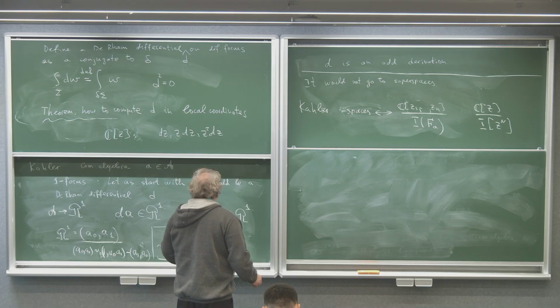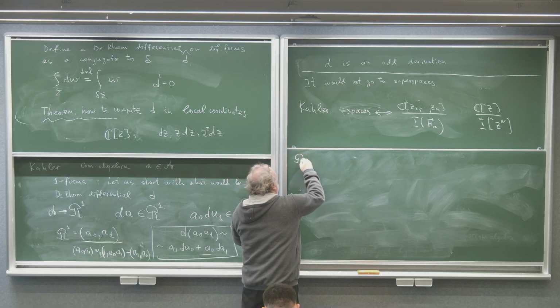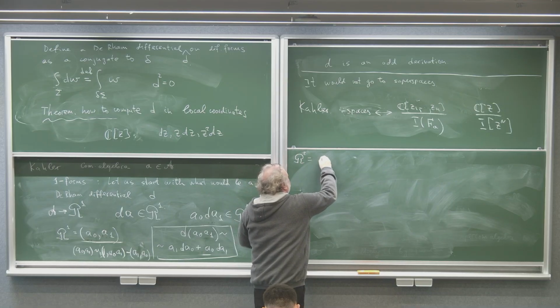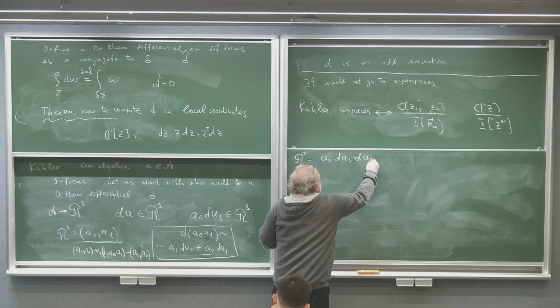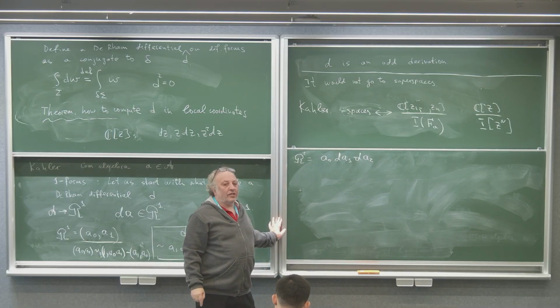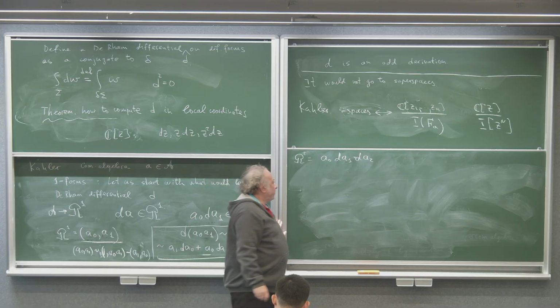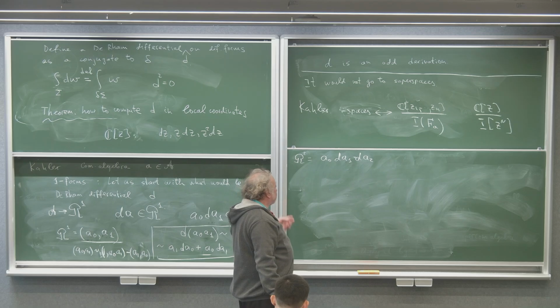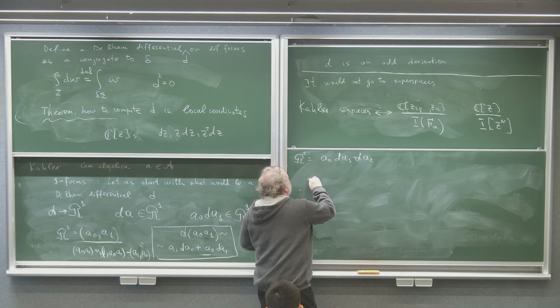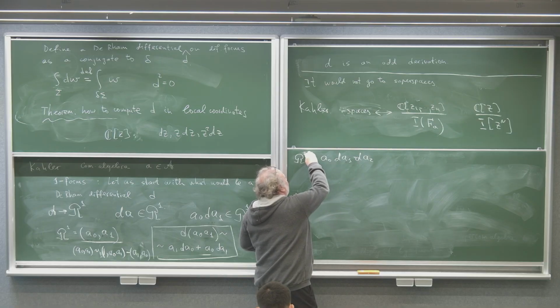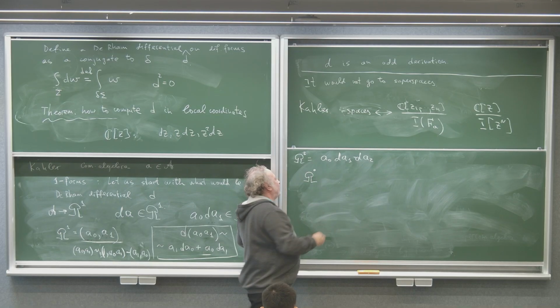We can go in this way and say, let's say omega 2. At the moment, dA1, dA2 are just symbols. Instead of writing down factorization here, I will write factorization here.